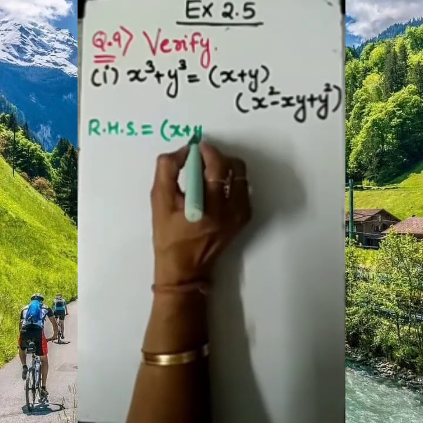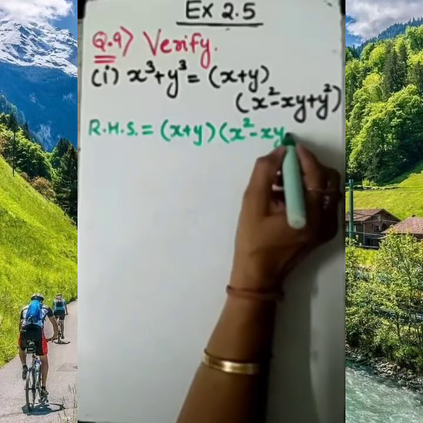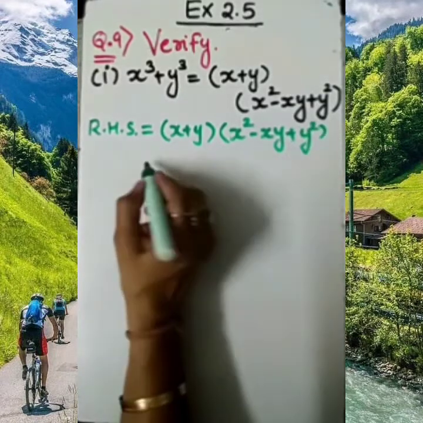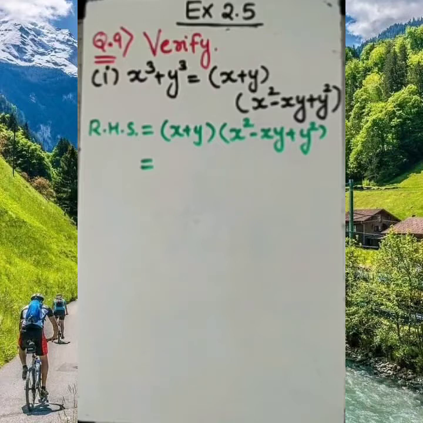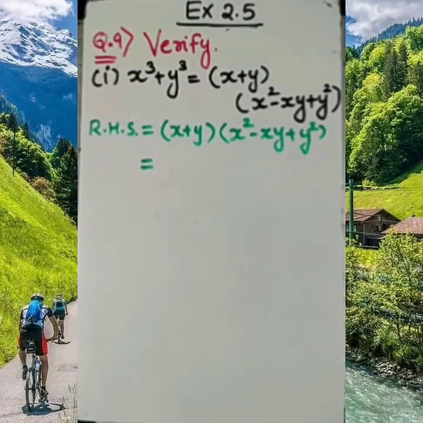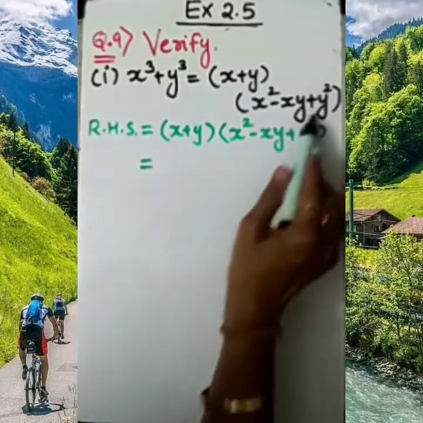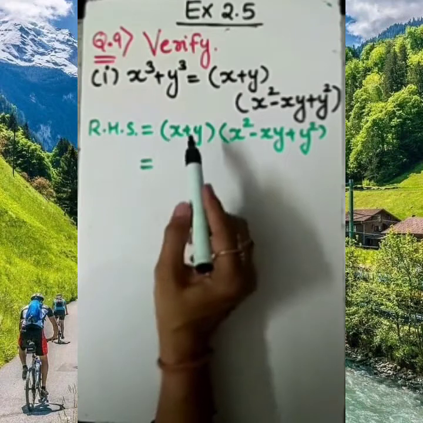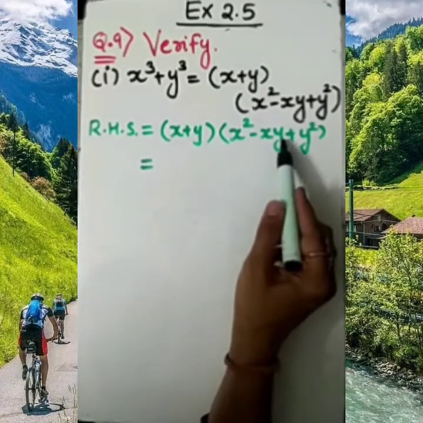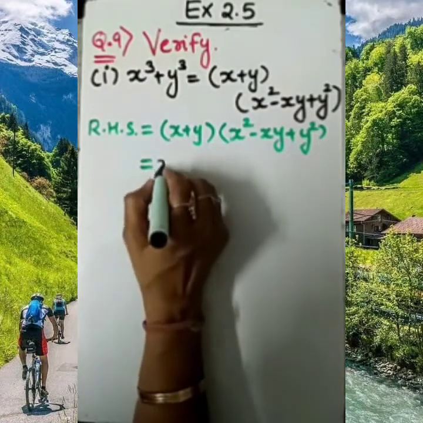Here we are given x plus y, in another bracket x square minus xy plus y square. So dear student, it is quite easy. As you have studied in class 8, the product of binomial with trinomial. Because we want to prove the LHS side, we have begun from the RHS. Here, first term is x.